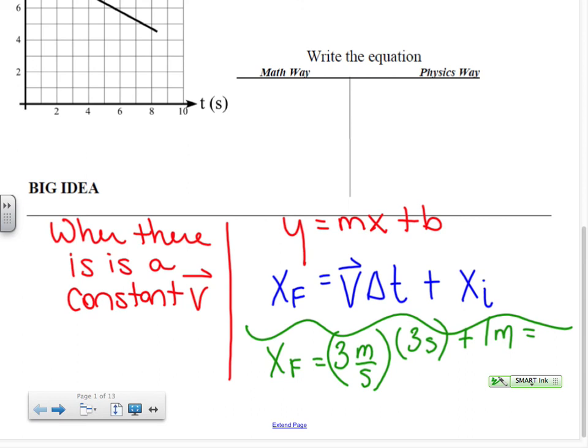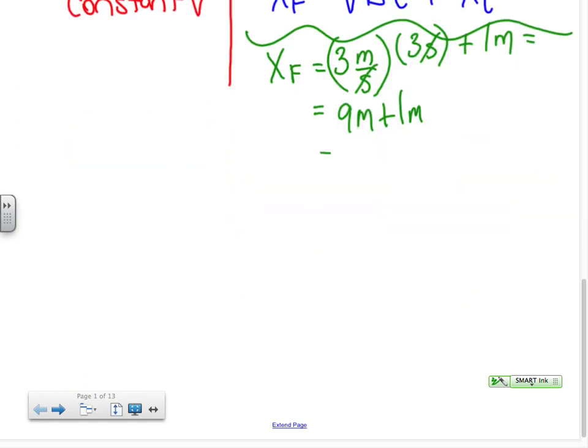I know that 3 times 3 is 9, so that's easy. The units will cancel, leaving meters behind, plus 1 meter. So this object will travel a total of 10 meters. Now, I'm sorry, this object will be at position 10 meters.